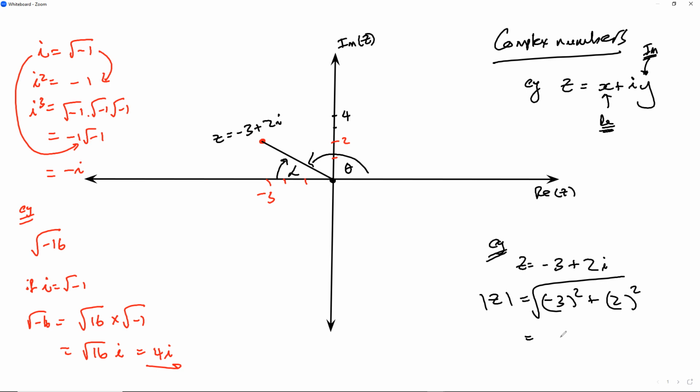And that's going to get me 9 plus 4, which is the square root of 13. And so the modulus of z will be the square root of 13, which would be the magnitude of this line from there all the way till there.